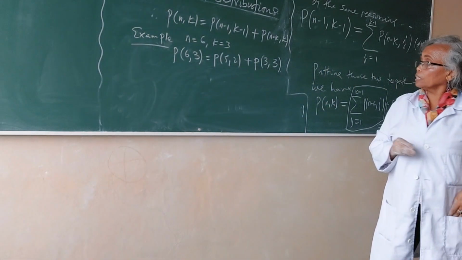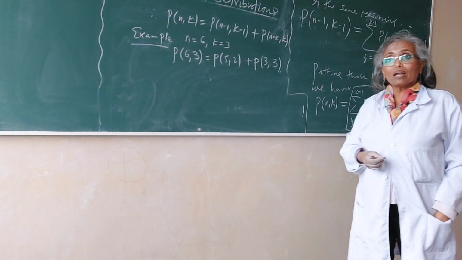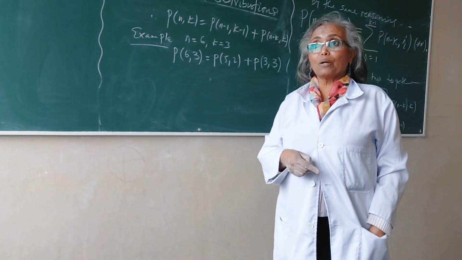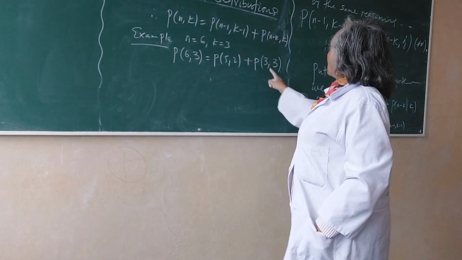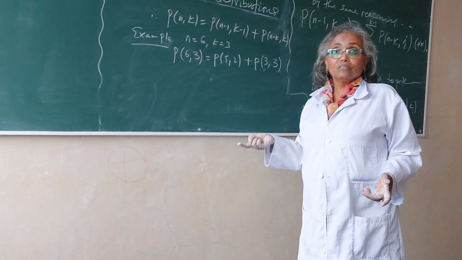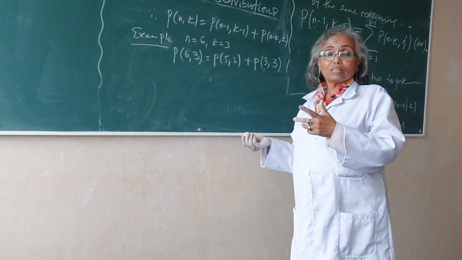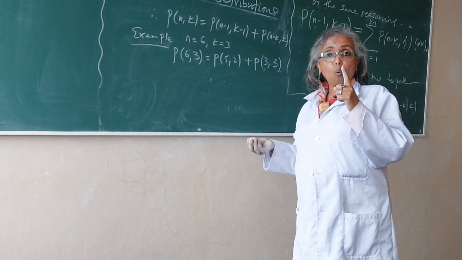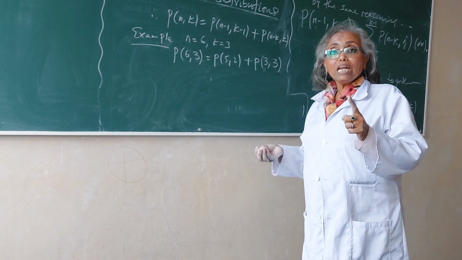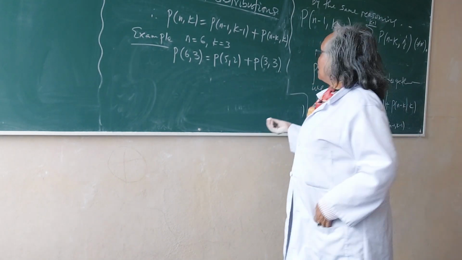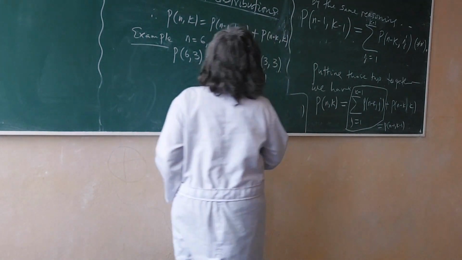K is 3. In how many different ways can we partition 3 into 3 parts? Just as 1 plus 1 plus 1. That's only one, and there is only one way to partition n into n parts. So this is simply 1.